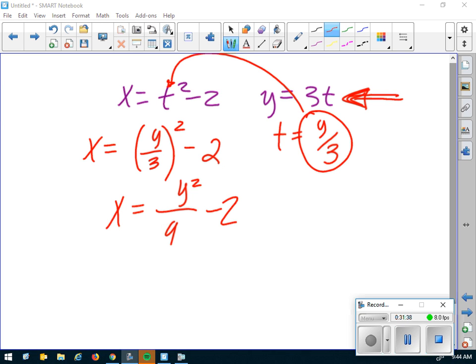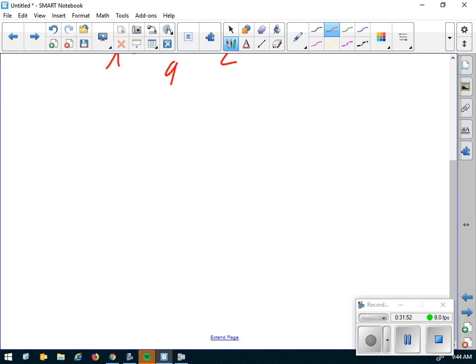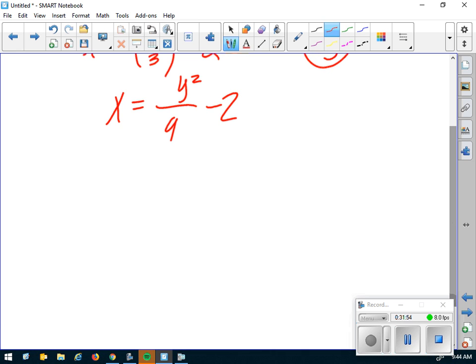I rewrote that as t equals, so I divided both sides by 3. Then I substituted that into t in the other equation. So it'll be y over 3 squared minus 2. So now what I'm trying to do is make this equation now say y equals. How am I going to make that say y equals? Add 2.